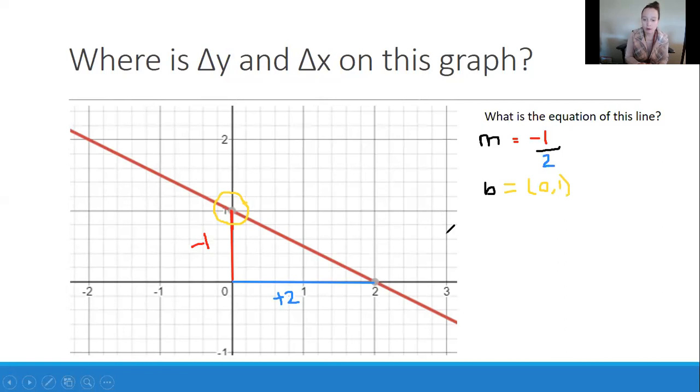You just put it into y equals mx plus b. So the m, or my growth rate, is -1/2. That's the number that goes before the x. Okay, -1/2 x plus or minus, depending on where I start, my 1. So there's the equation of my line: y equals -1/2 x plus 1.